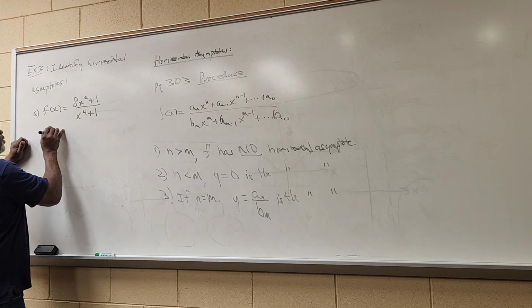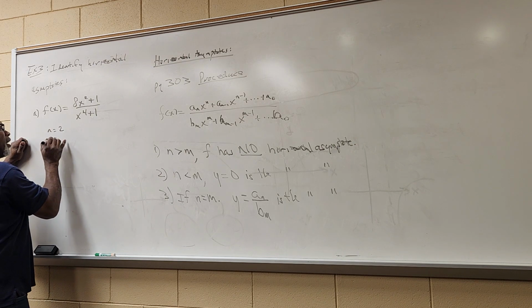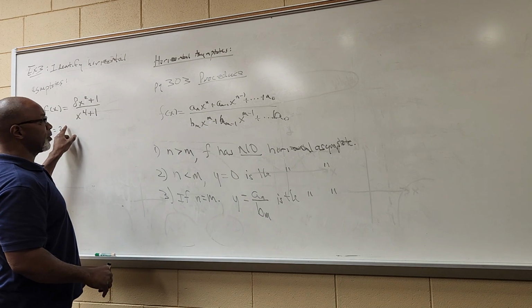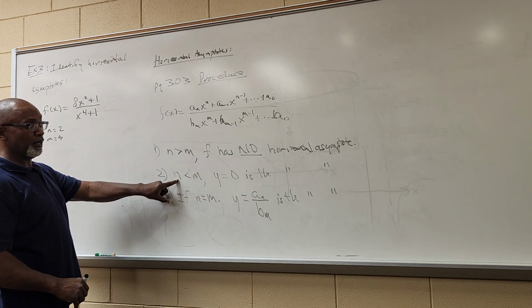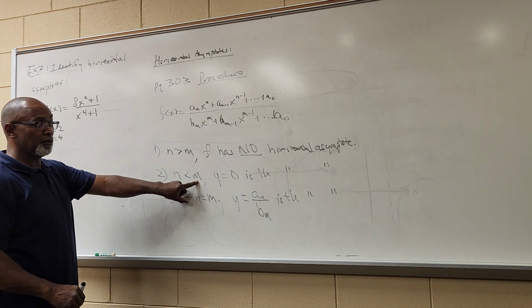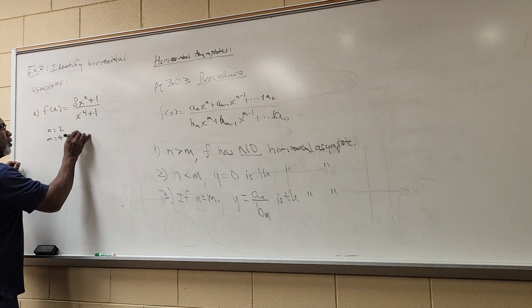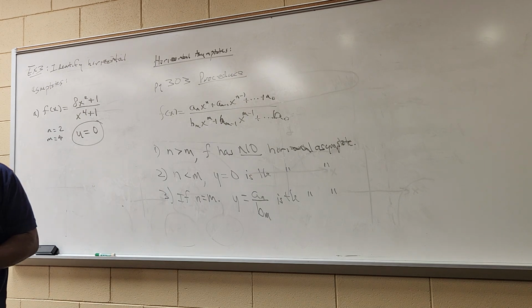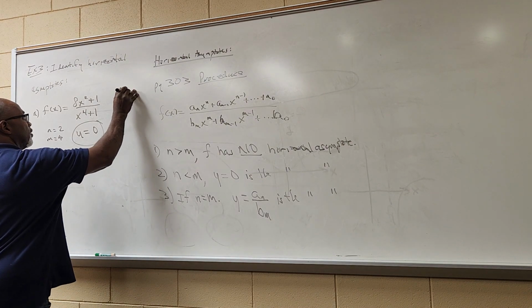So n is 2. My degree in the bottom, m, is 4. So the degree in the top is smaller than the degree in the bottom. So whenever the degree in the top is smaller than the degree in the bottom, y equals 0 is my horizontal asymptote. So that function has a horizontal asymptote at y equals 0.